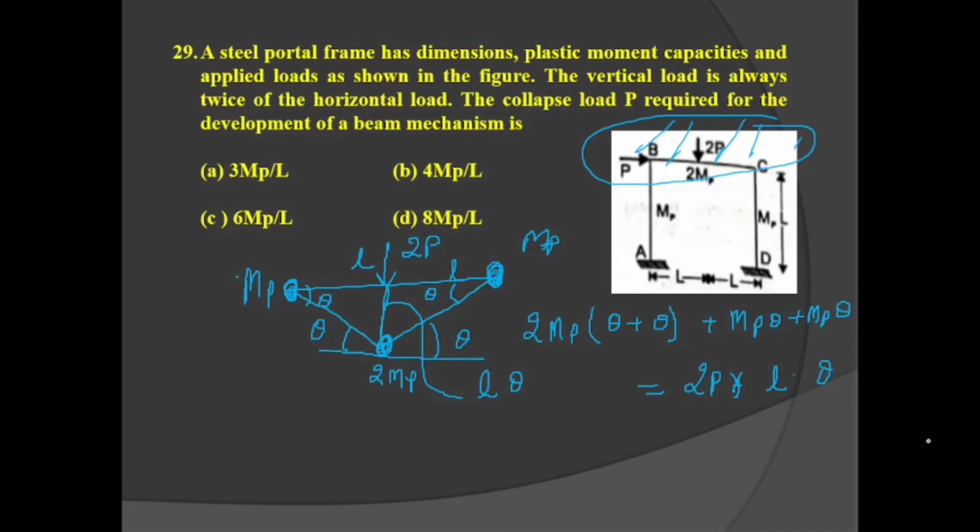After solution, the total value is 2 MP, MP, MP, MP, that is 2, 4, 5, 6, 6 MP into theta equals 2P into L theta, theta cancels out. So P ultimate is equal to 3 MP by L. Only by the beam mechanism we have to calculate, and the value is 3 MP by L.